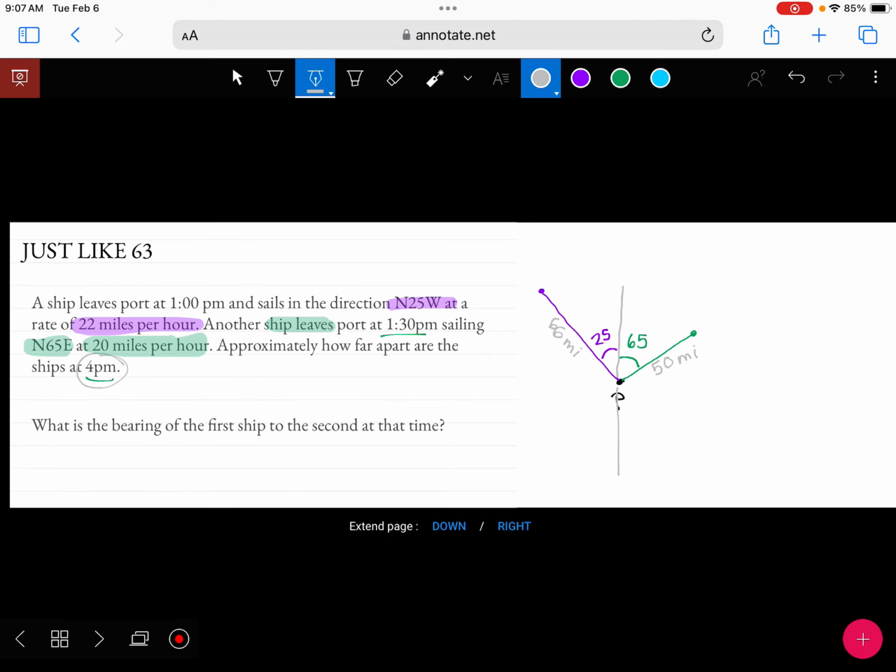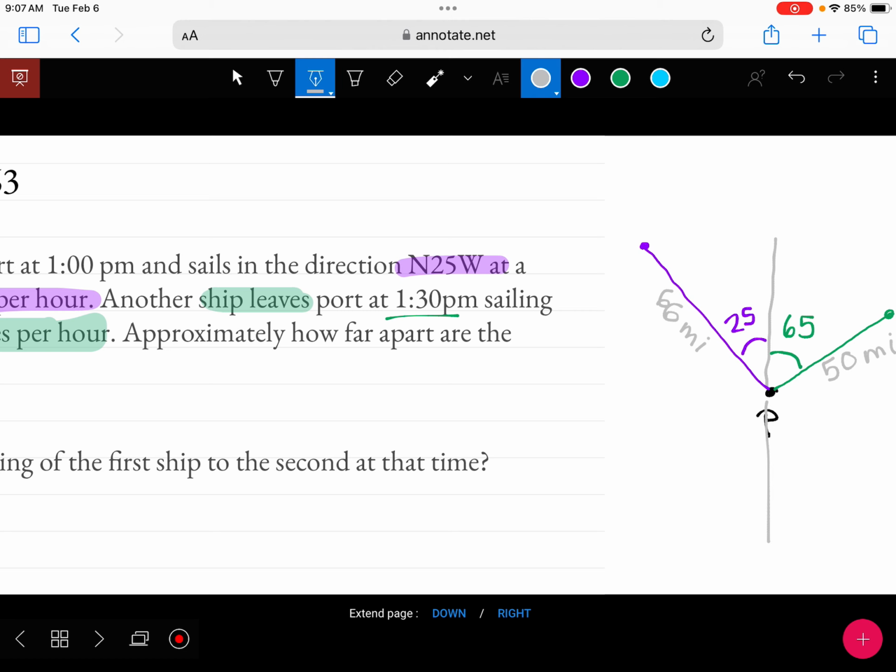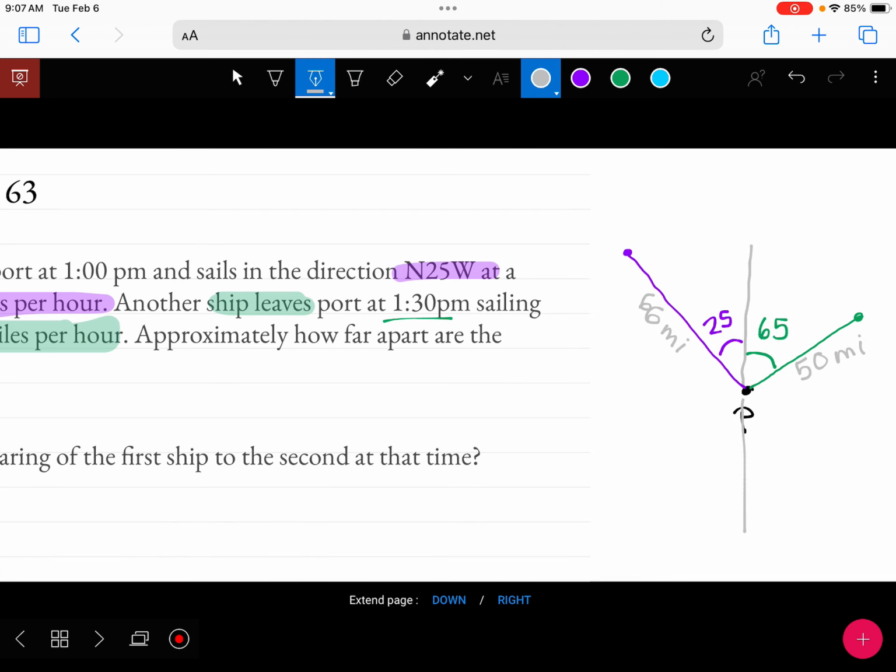So that's the picture from the paragraph. Okay, I'll zoom it in just a smidge so you can actually see the whole thing and the story. Our first question is how far apart are they? What is X?